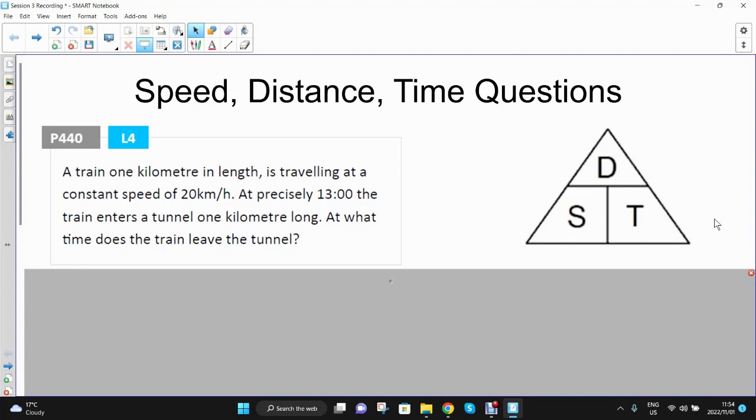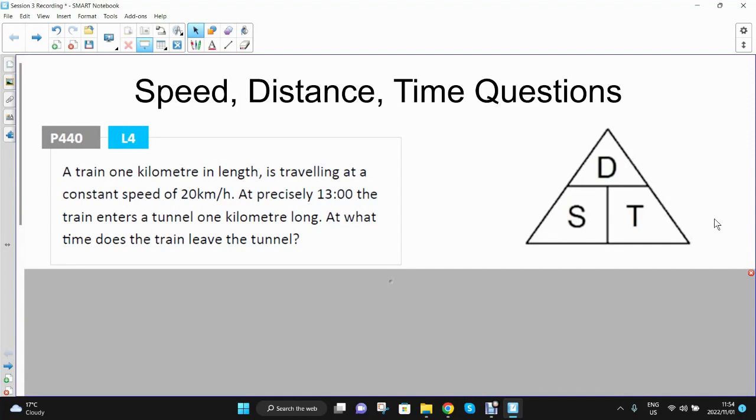Okay, so you will see that all the questions that we're going to go through with speed, distance, time, I always put the little formula for you on the side if you at all want to use it. You can always refer back to this little beautiful magic triangle. So if you want distance, you will take the speed and you will times by the time.